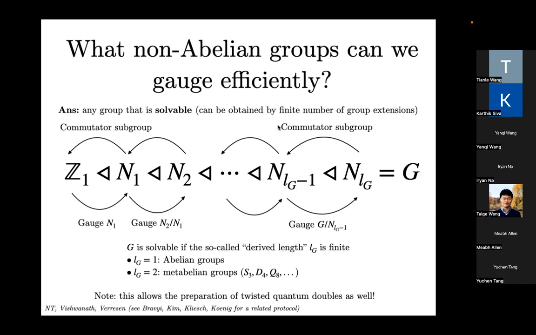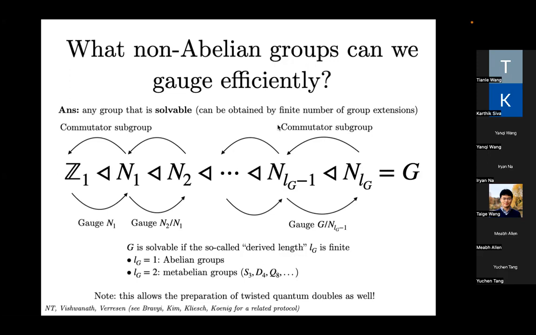And second, this commutator subgroup makes this length shortest, turns out. So this is the most efficient way to gauge this symmetry. So I was thinking that maybe this is not unique, and it's following a different procedure to go. Oh, no, it turns out to be unique, whatever path you go. But I'm defining this as the optimal, and this turns out to be the optimal way to do it.